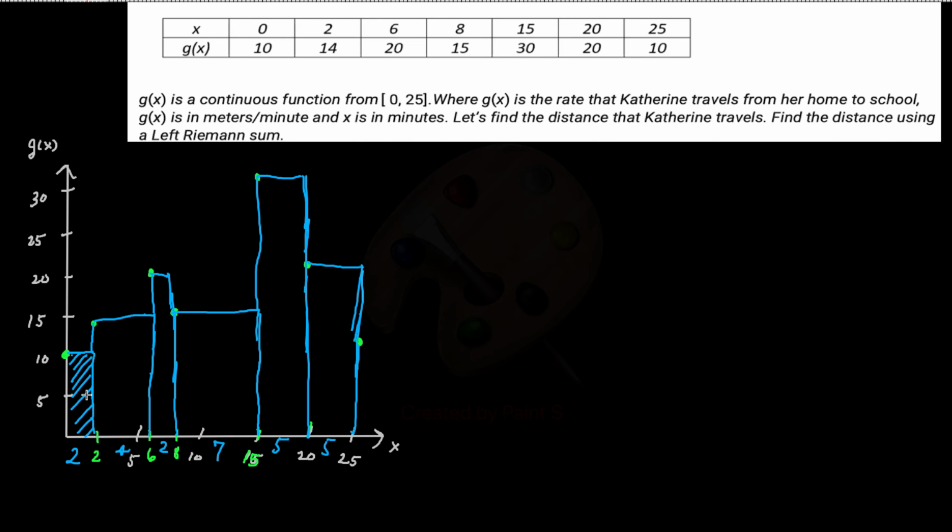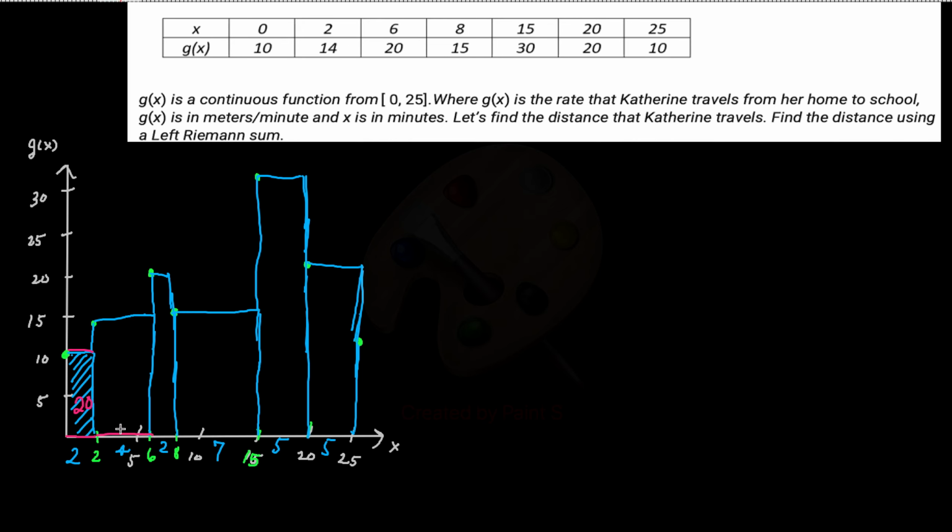And now you need to compute the heights. The height is going to be the y value for each one of those points. Since it's a left endpoint sum, we start off with this height, which is 10. So the area of this rectangle is going to be 20, because its height is 10 and its width is 2. Then what's the area of this one?